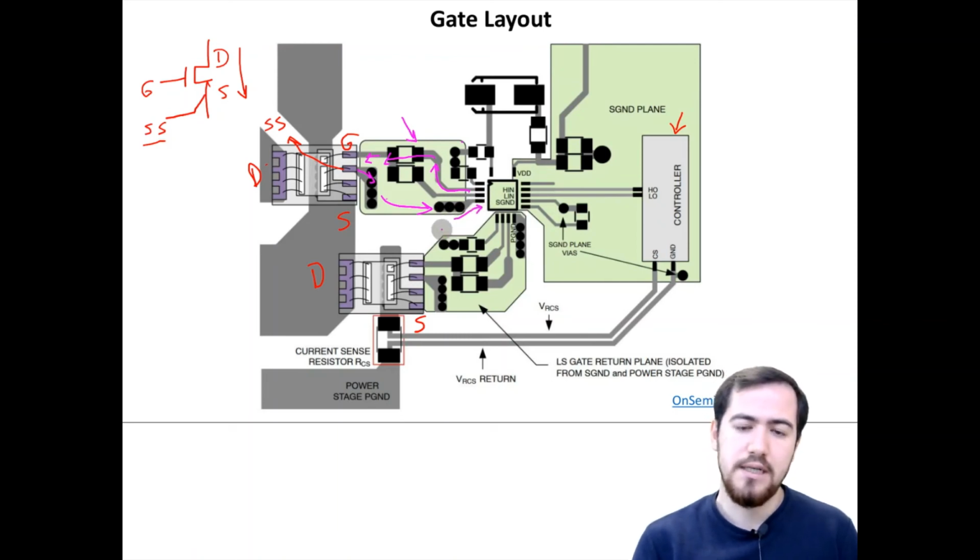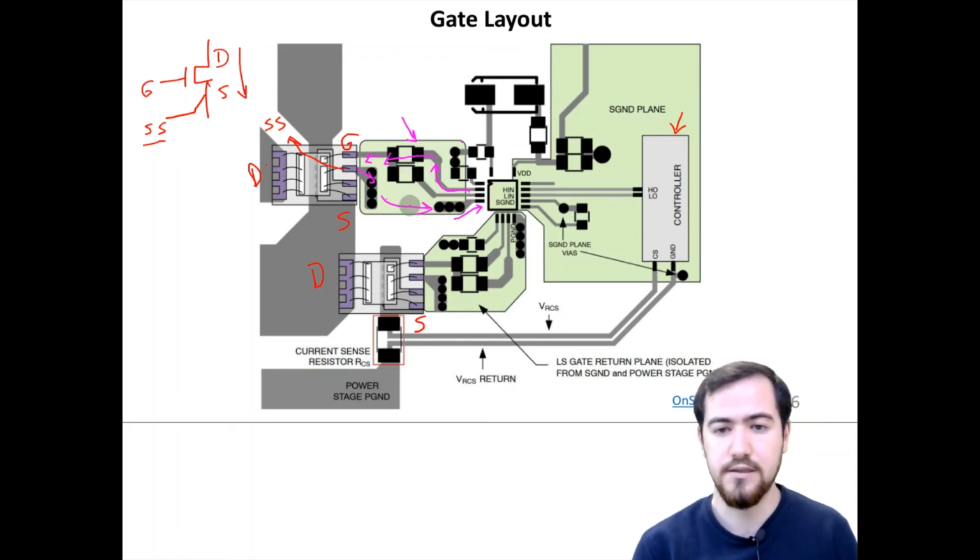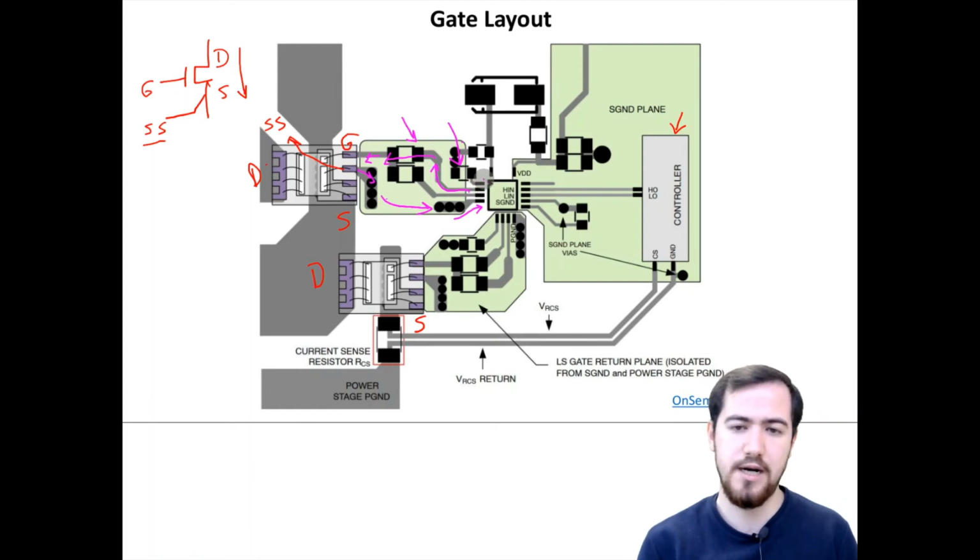However, the impulse type of current should have been supplied by a capacitor, as we discussed before, and this capacitor is placed here. It is placed very close to the gate driver IC, as it should have been done. So actually the path for return current is not correct.